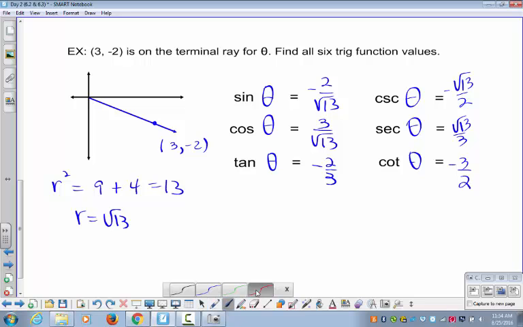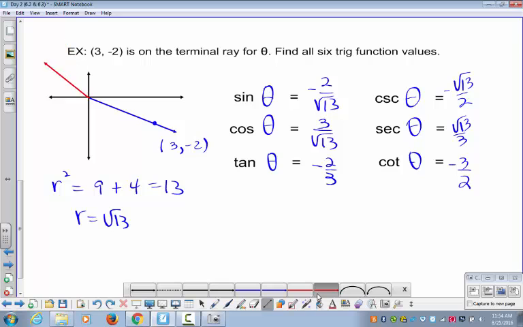If we now are thinking of theta as a rotated ray, the ray that we always start at, the so-called initial ray, is right here. And then we either rotate counterclockwise for a positive angle, or we rotate this direction, clockwise, for a negative angle.